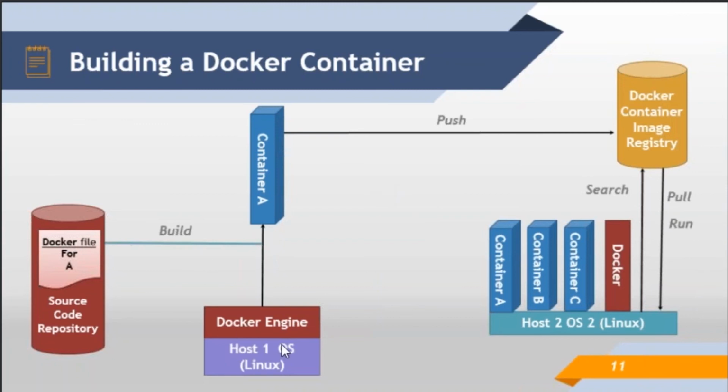And building a Docker container is just a simple thing, like 1, 2, 3. You create a Dockerfile from the source code repository, put it onto the Docker engine, and push that container image into the Docker container image registry.